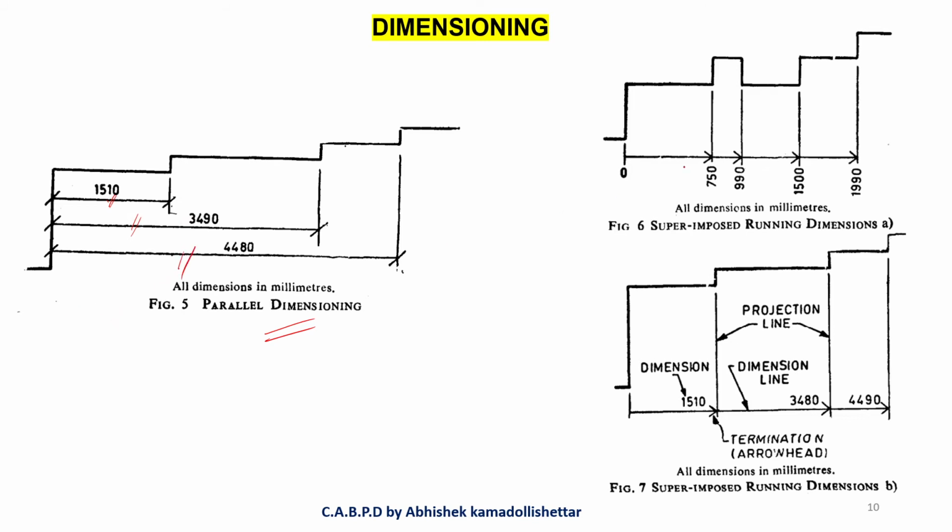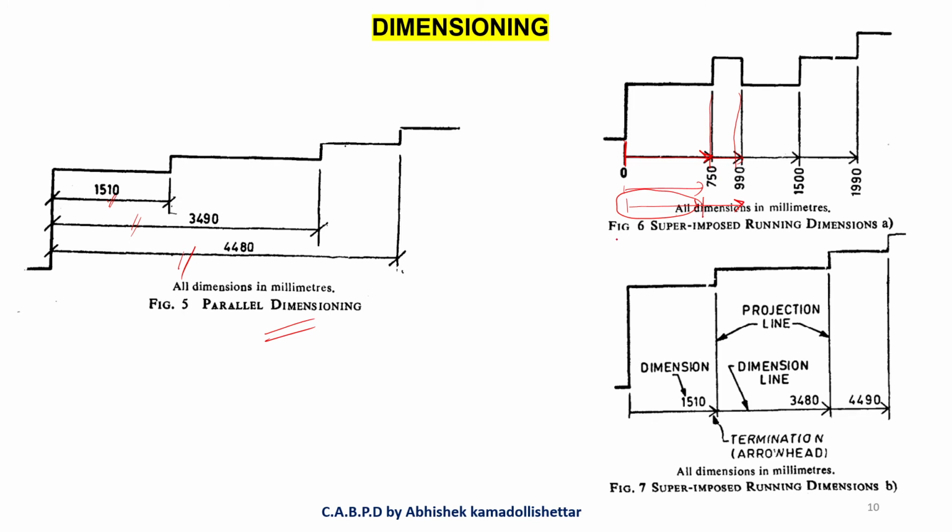Okay, fine. Superimposed running: in this, from one side your origin will start, and you will go on giving the dimensions wherever the edges come. So this is one dimension, and next dimension here. Actually it is 750 from here, again it is 990 from here, but we don't mark this, we only take it from the beginning of the previous dimension point.